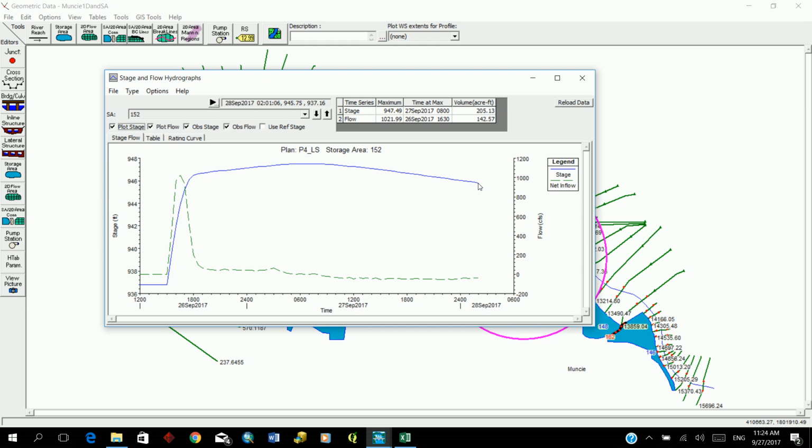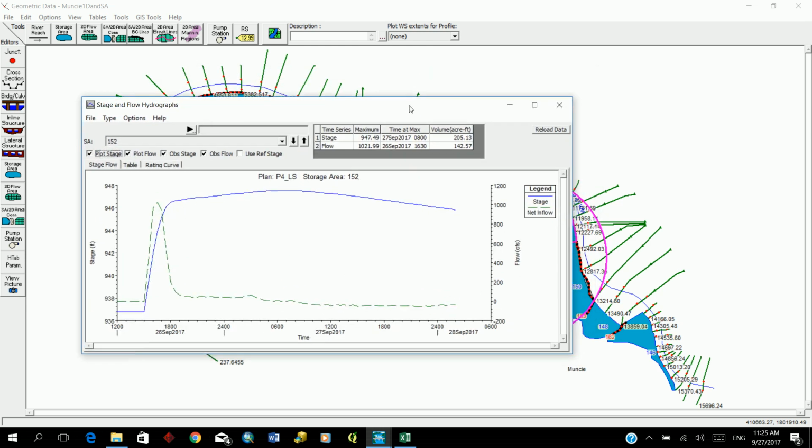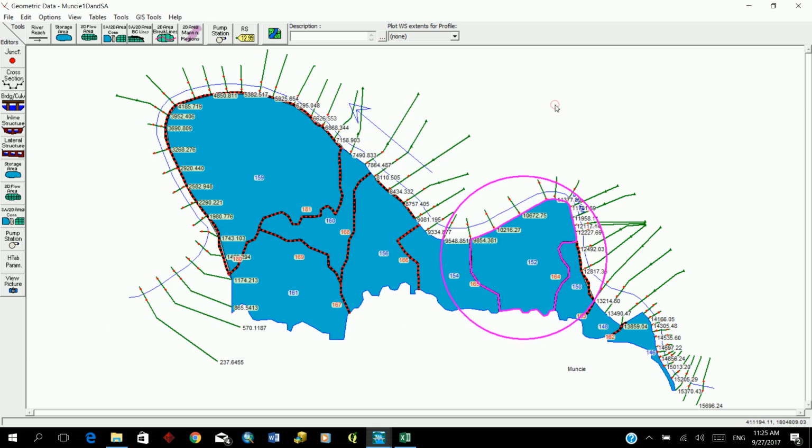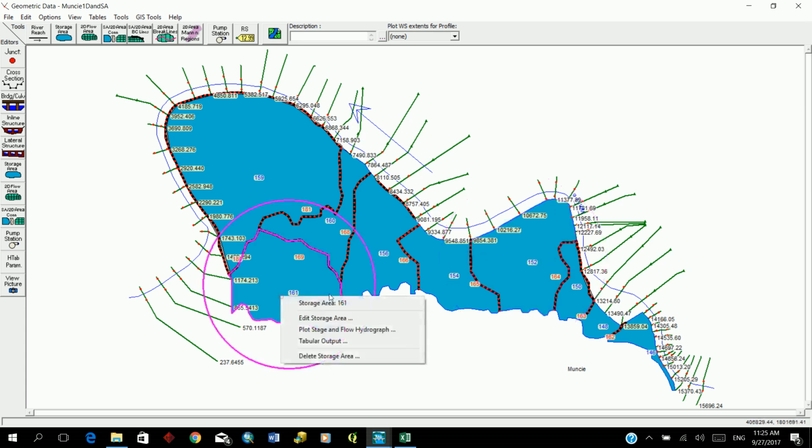Let's look at which storage area it gives water to. So this is storage area 152, and it is connected to other storage areas. I will just uncheck it so that you see what is happening. So this was 152.